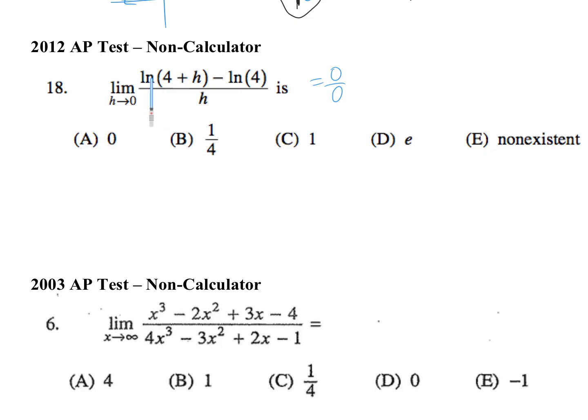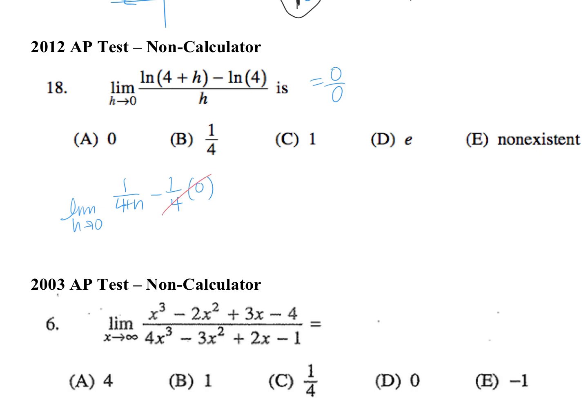What is the derivative of the top? Be careful. Natural log is 1 over 4 plus h times the derivative of 4 plus h. Derivative of 4 is just 0. Derivative of h is just 1, so we don't have to worry about it. Minus, what's the derivative of ln of 4? 1/4 times the derivative of the 4.